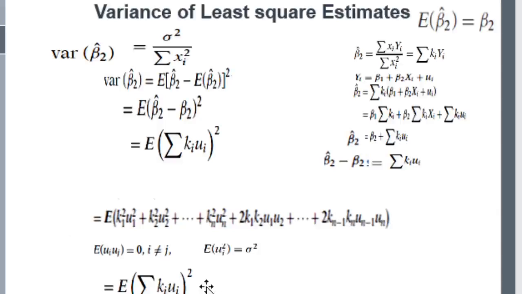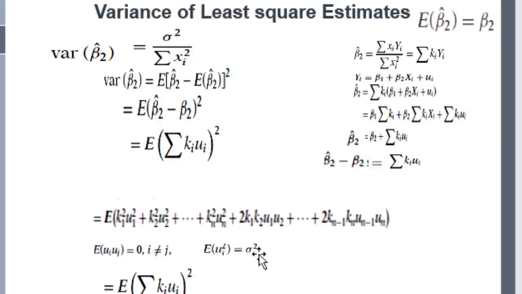This equation can be written as sigma ki square into the expected value of ui square. Now we can take the expected value, which will give sigma ki square into expected value of ui square.